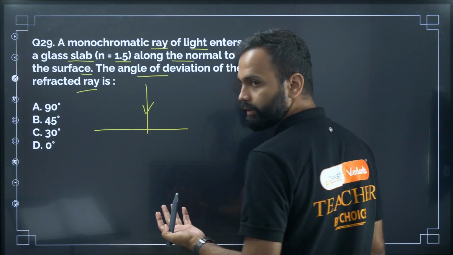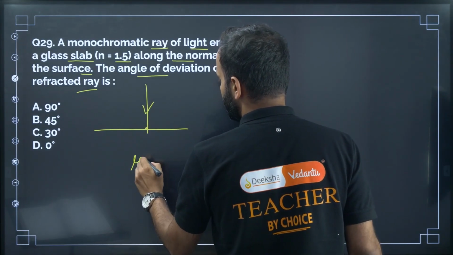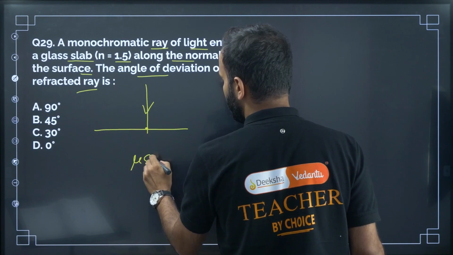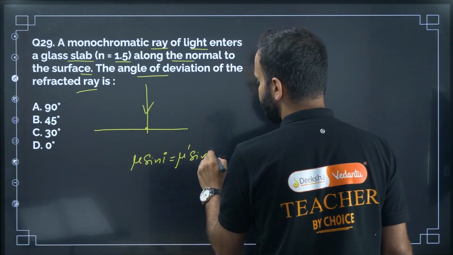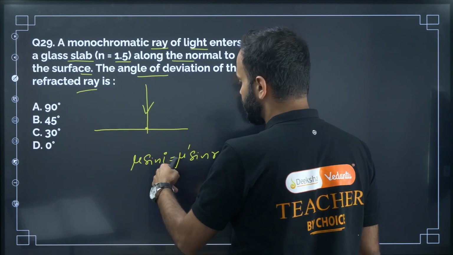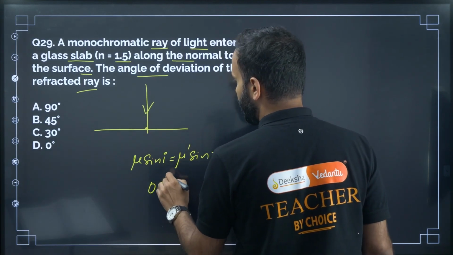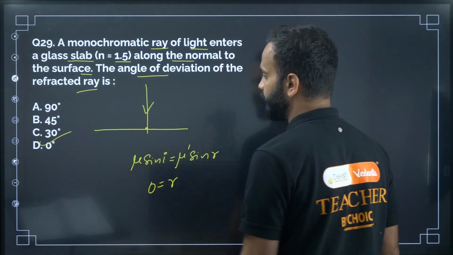Angle of incidence is 0 degree. So apply Snell's law at this point: mu into sin i is equal to mu dash into sin r. Mu dash is n, that is 1.5. i is 0 degree, sin 0 degree is 0. So angle of refraction r will also be equal to 0 degree. So the correct option is D.